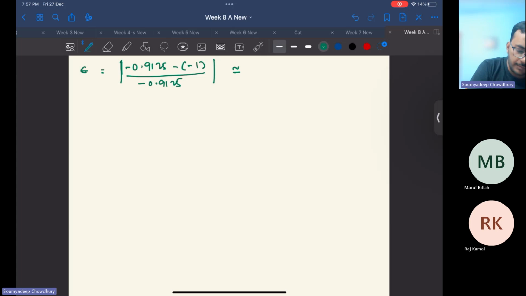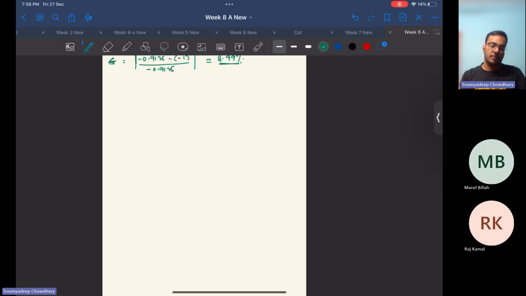So here the error is approximately 8.99 or 9%. So mathematically you can see your central difference is the most accurate one. I hope it is clear to you. Is it clear? Yes, sir.